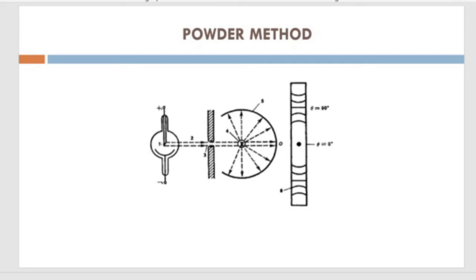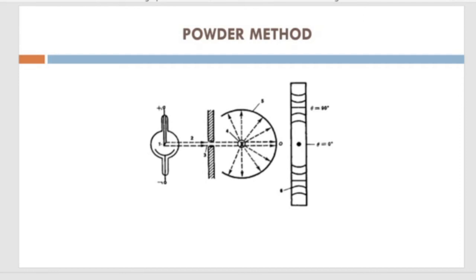Here there is no need to rotate the crystal because it is already in powdered form. The orientation of the powder grains is in all directions, so it can produce many diffraction patterns. That's why this powder method is very convenient to study the crystal structure.